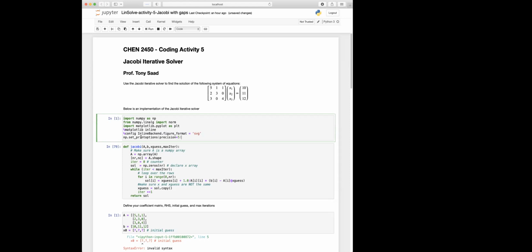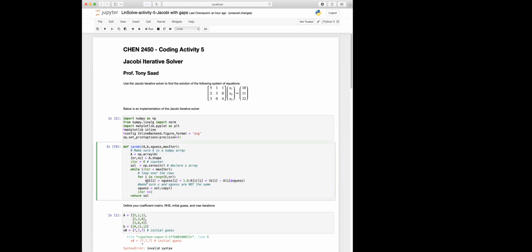And finally, I have this additional little thing over here, numpy.set_printoptions, and I'm setting it to a precision of 5. So essentially, it's just going to show 5 digits. It's not really significant figures. It doesn't know that. It's just showing up to 5 decimal points.